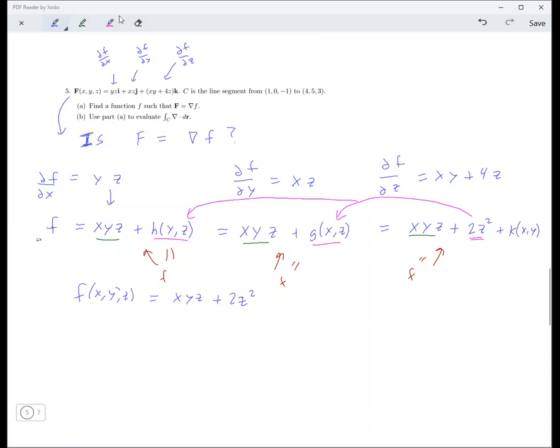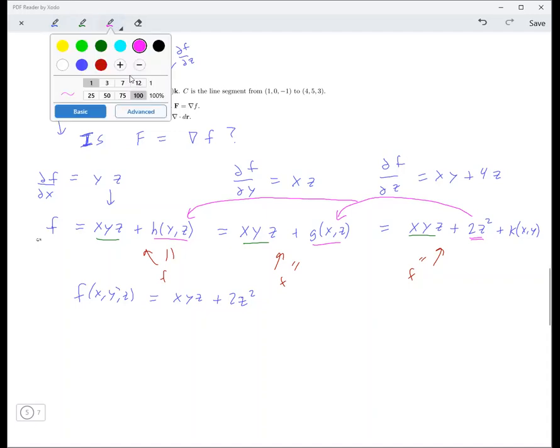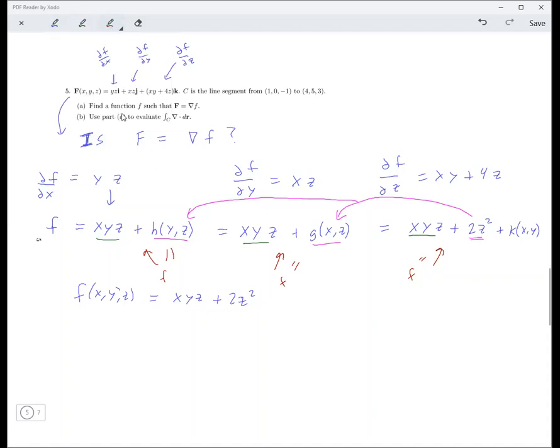And let's get to the evaluation part. Use part A to evaluate. Notice that it's going from here to here.